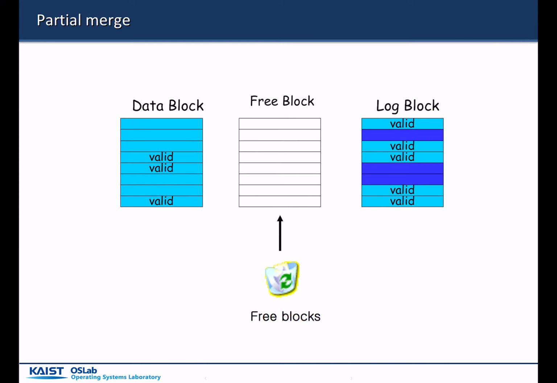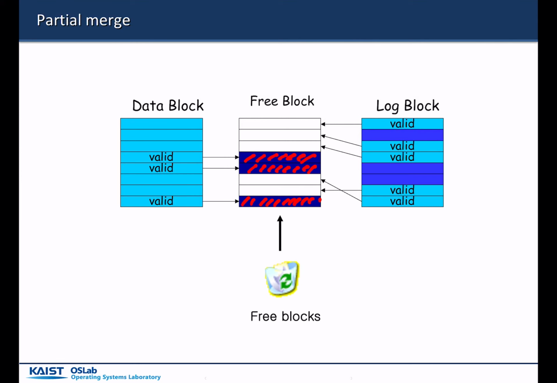Partial merge is the one that merges the data block into the log block, like this. The data block is mapped to the same region in the free block, because data blocks are maintained by block mapping, so the relative offset of the pages in the data block should be maintained at the same value. So it's copied like this. And then the log block is copied to its original location.